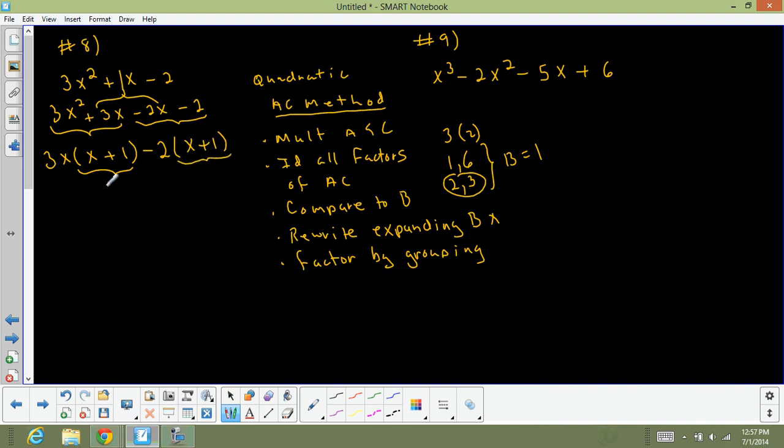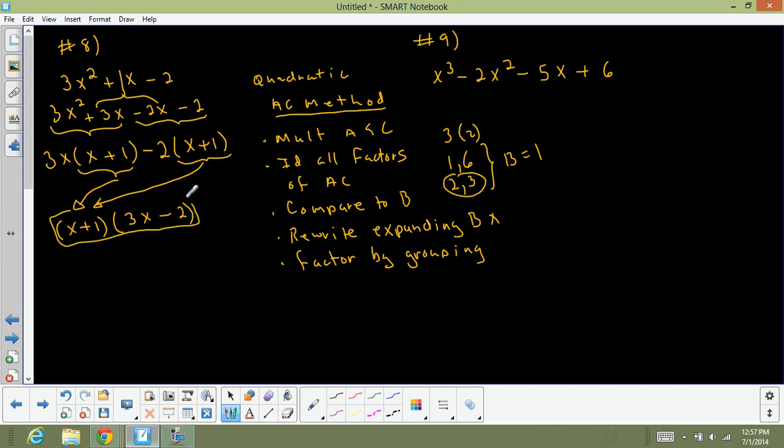They share an x plus 1. So we're going to factor out that x plus 1. And when you factor out that x plus 1, that leaves you the first term with just a 3x. And the second term, you just have a minus 2. And so there is your factorization.